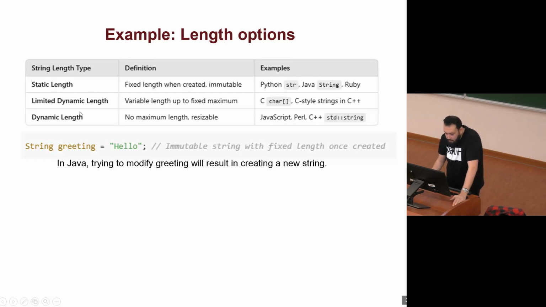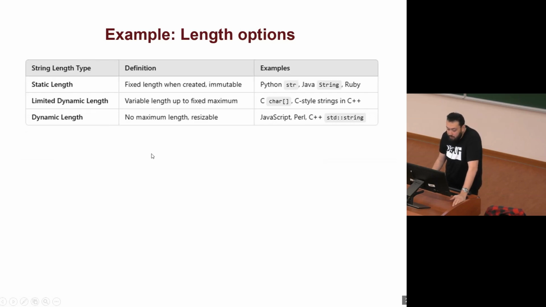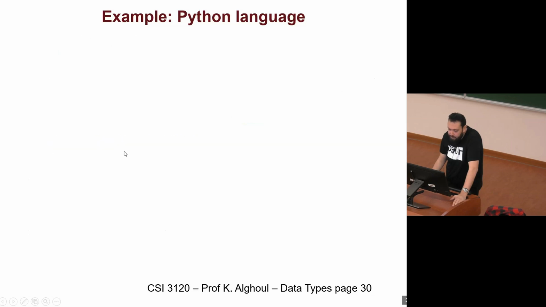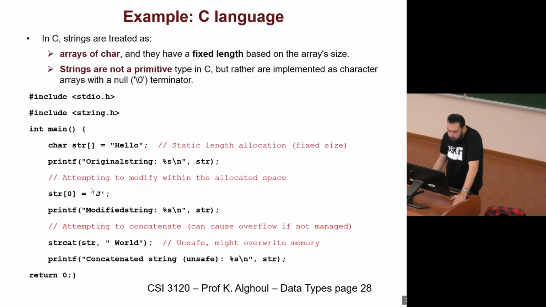Because here we said C and C++ is considered limited dynamic, even though here we said it's fixed, for example, right? When we gave this example here, I created this static length, allocate fixed size.